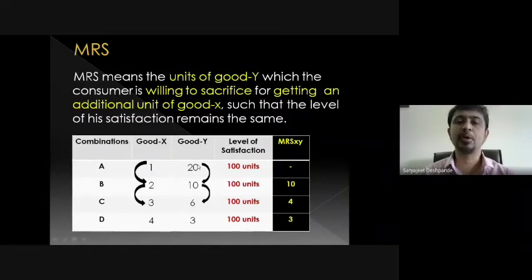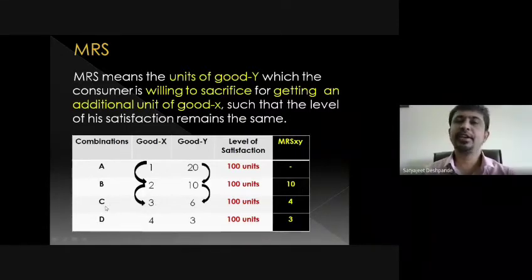Since the consumer was willing to sacrifice 10 units of Y for getting one extra unit of good X, we can say that here the marginal rate of substitution is 10. So the number of units of good Y which the consumer is willing to sacrifice, those units sacrificed are known as the marginal rate of substitution.